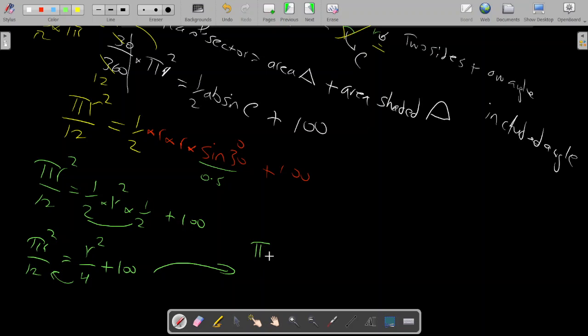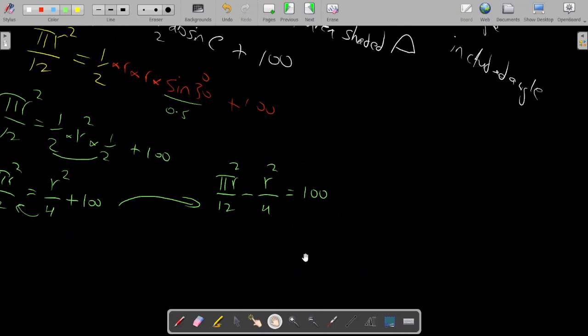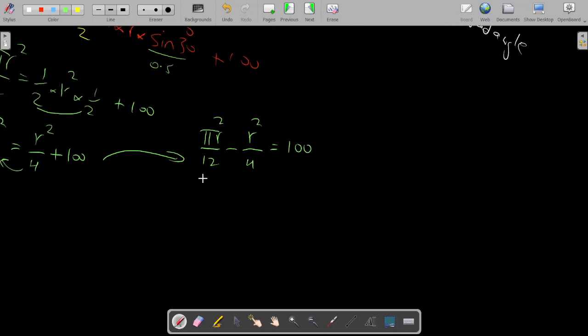So it's going to be pi r squared over 12 minus r squared over 4 equal to 100. I try to unify the denominators right now, so I'm going to multiply this by 3 and this by 3. So I'm going to have pi r squared minus 3r squared over 12 equal to 100.